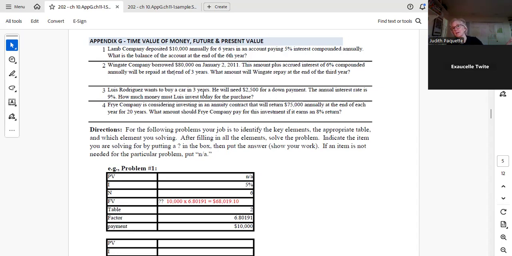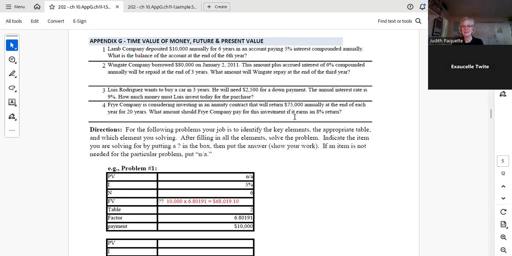He wants to put money in the bank now to figure out if it will grow with interest at 9% to 2,500. Last one, what amount should Fry pay for this investment? And it's today, what should they pay today? So again, that will be present value.